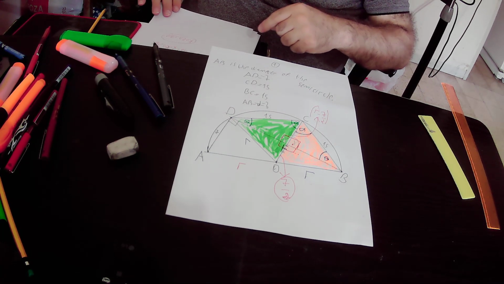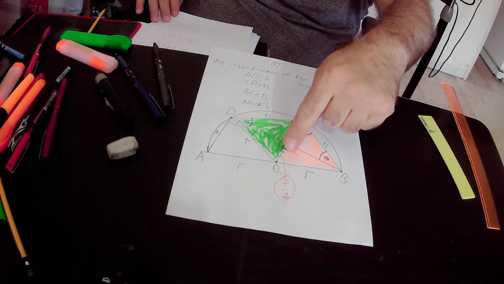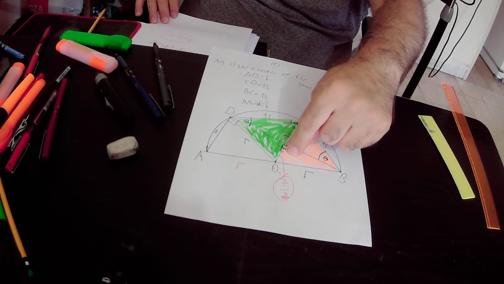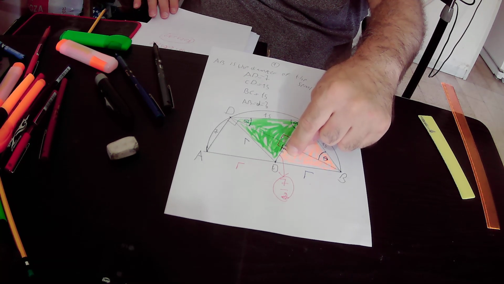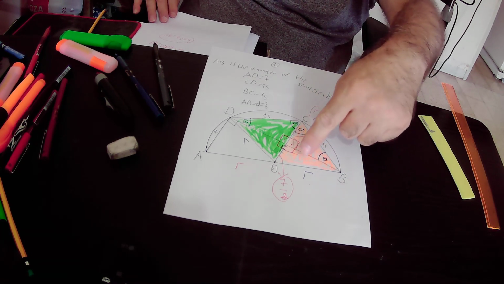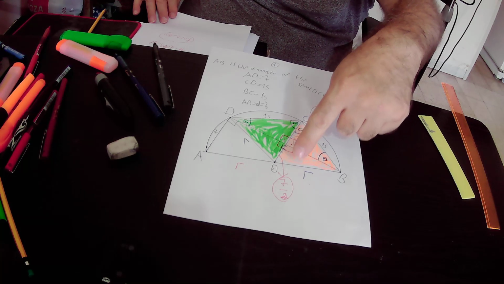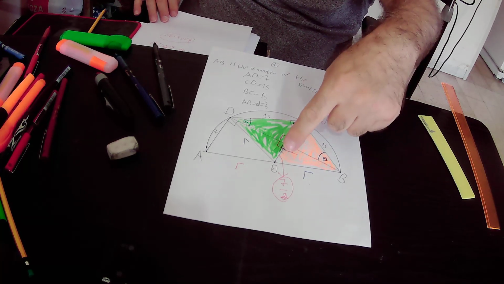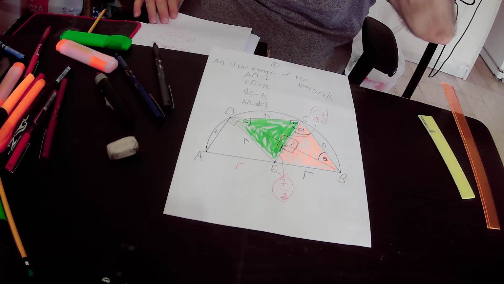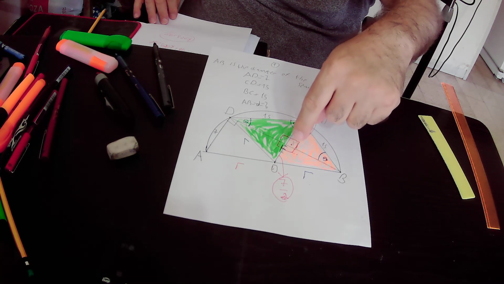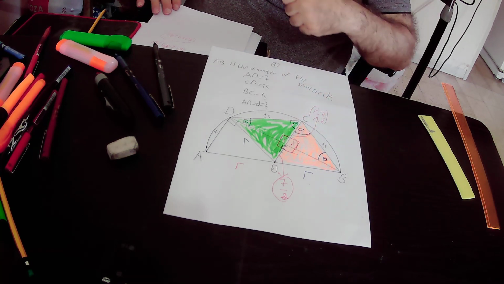Okay, so angle CEO must be equal to 180 degrees because OC is a straight line, and the sum of the angles at one side of a straight line at a certain point is equal to 180 degrees.